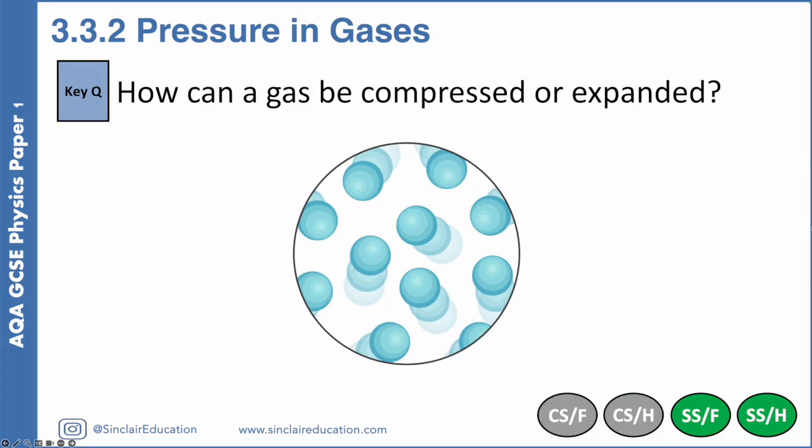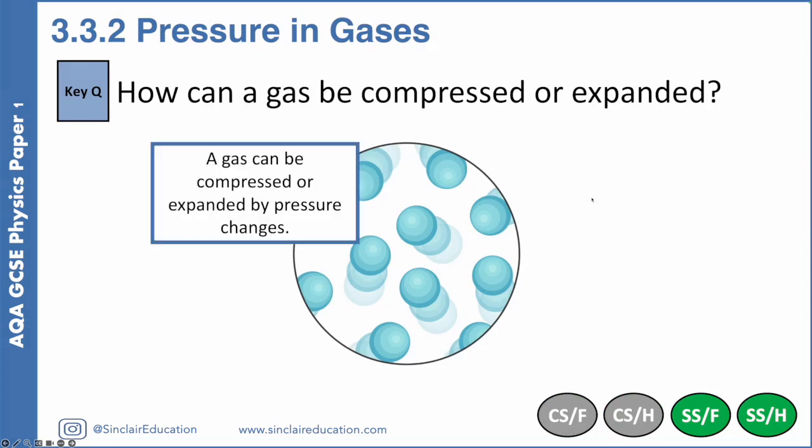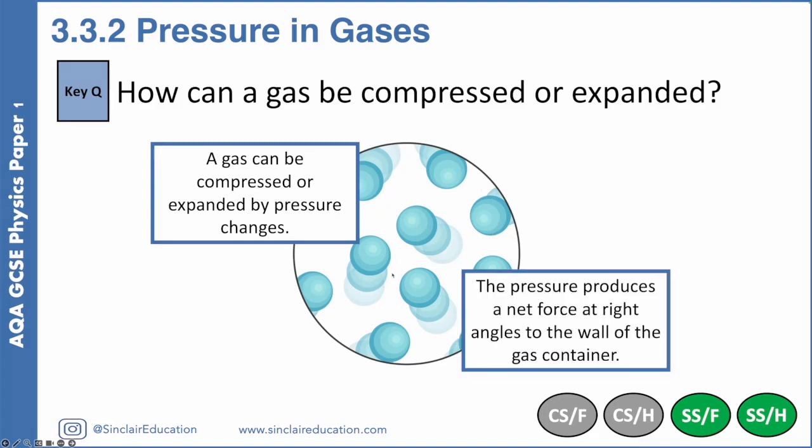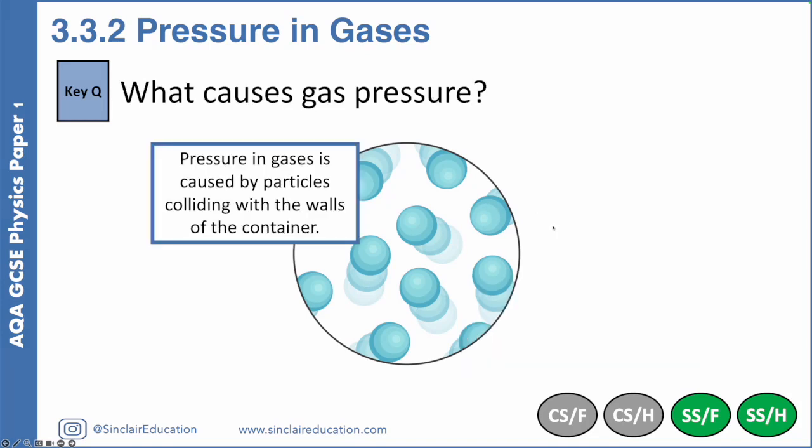Moving into the separate science-only content, gases can be compressed or expanded. So if we want to have a gas compressed, so particles brought closer together, or expanded, we're going to be looking at having pressure changes here. So remember, pressure is all down to the force of these collisions due to the particles on the gas container.